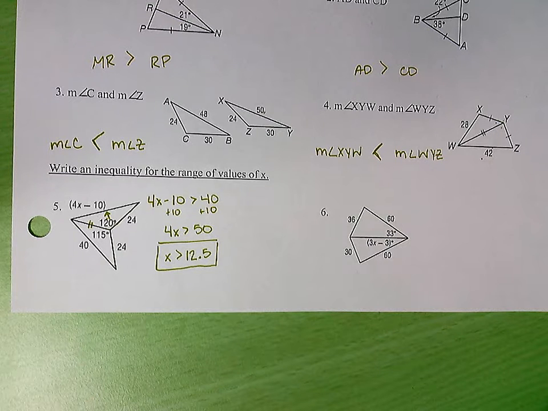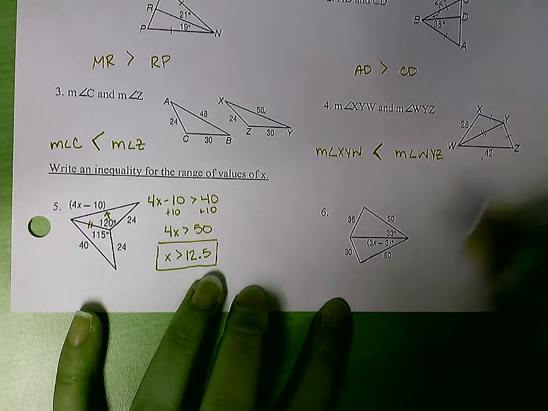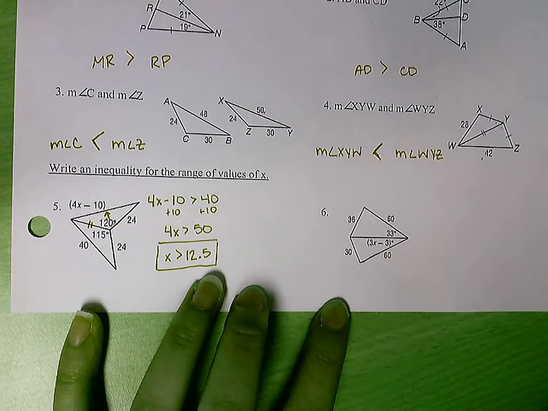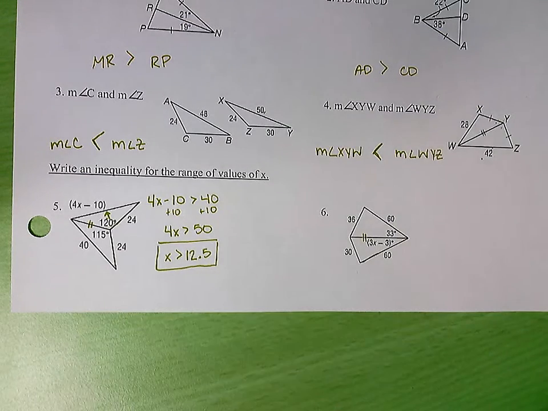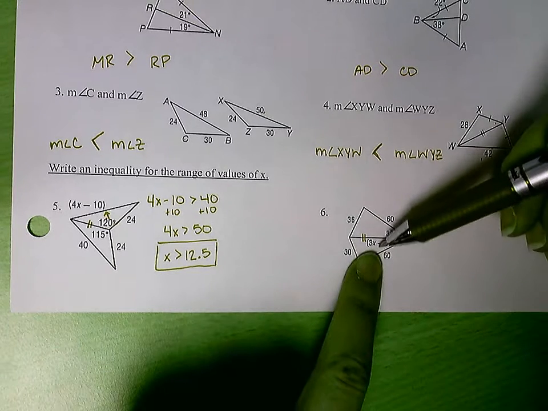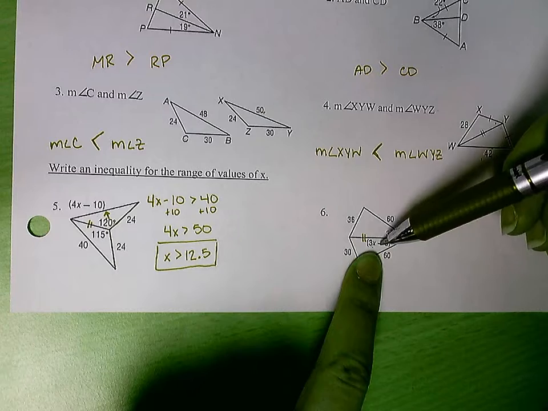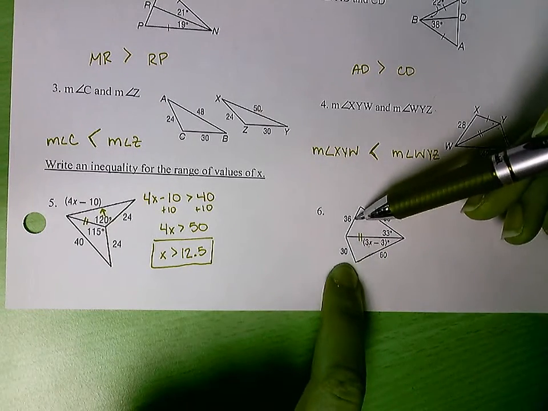Now we're going to do the same thing in number 6. So in number 6, I know my two sides of 60 are congruent and they share the side. So again, we can apply this theorem. So now, to find my range of values for this x right here, I'm going to look at the sides opposite those angles.